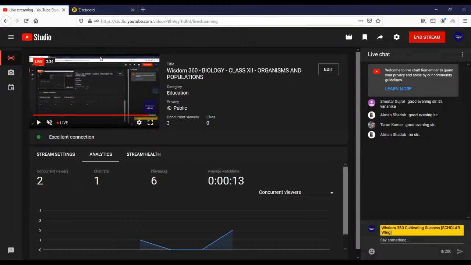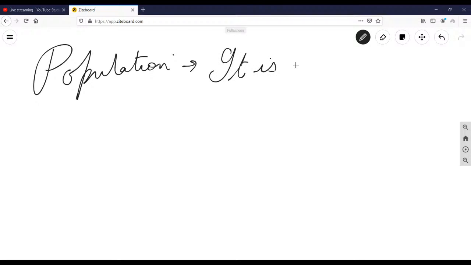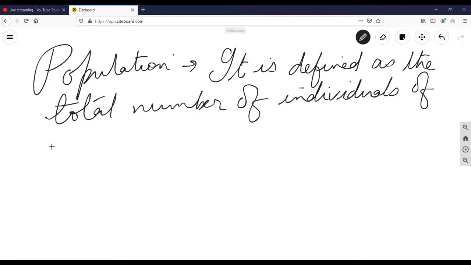As we all are already aware, population is defined as the total number of individuals of a specific species, or of a species in a specific geographical area.